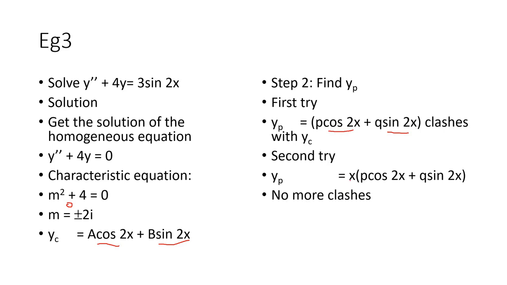After you multiply by x, it's totally not clash because you have x times cos 2x. Here is only cos, only sin, so totally no clash. Okay, if no more clash, then you differentiate 1 time, 2 time. Because 2 time you need to put into the y double prime, and the yp you put into the y.